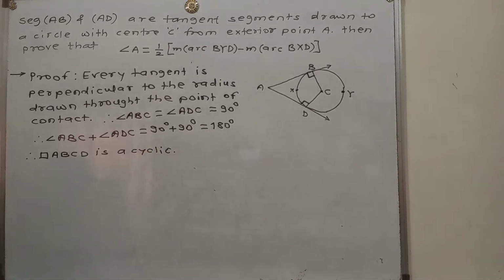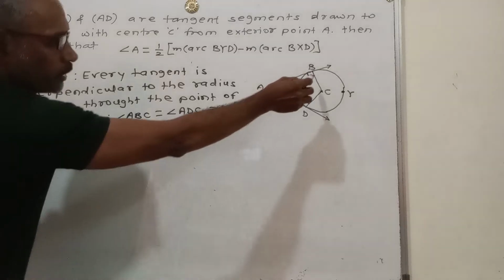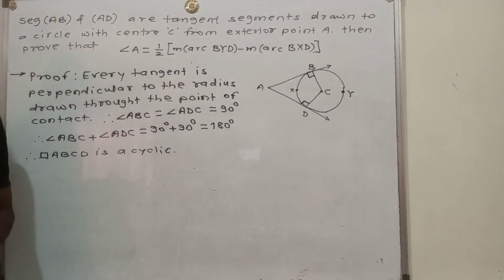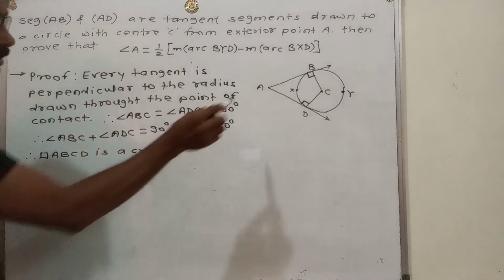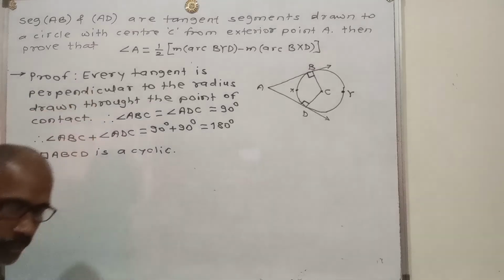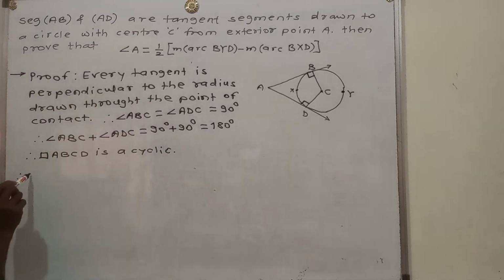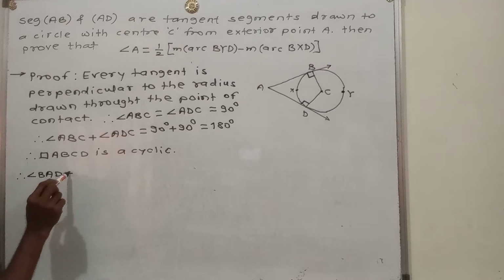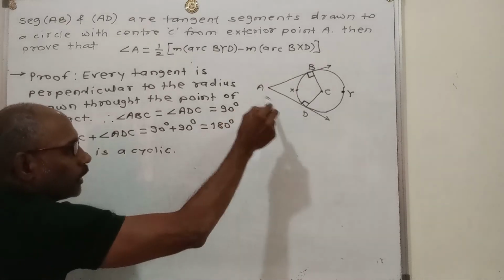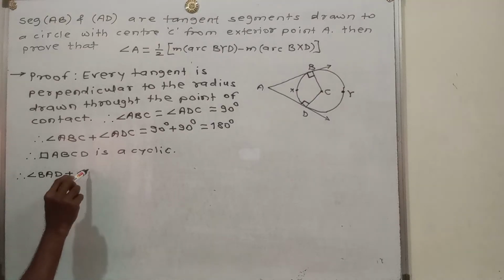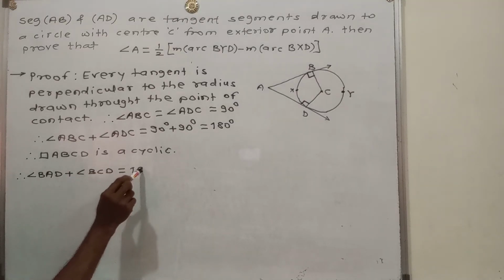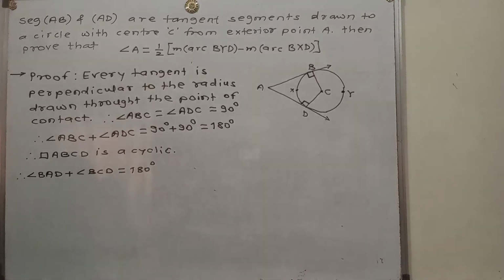Did you get it? Now, ABCD is cyclic, so opposite angles are supplementary. These are also opposite angles. Therefore, angle BAD plus angle BCD is equal to 180 degrees.